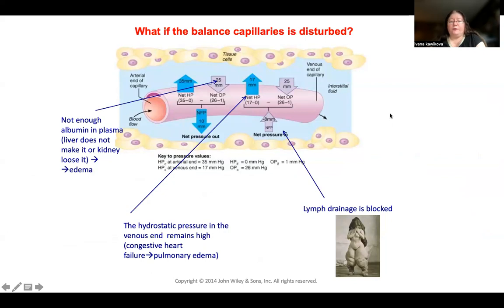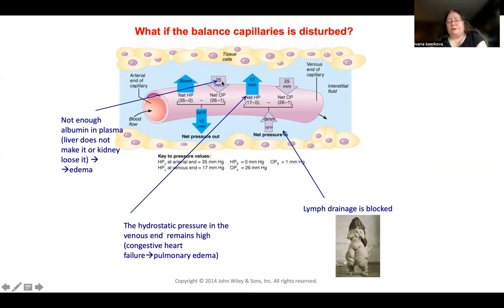So what could go wrong? For example, if we don't have enough albumin, we will not have sufficient force of proteins to hold the water in. And as a result, more will go outwardly and edema occurs.